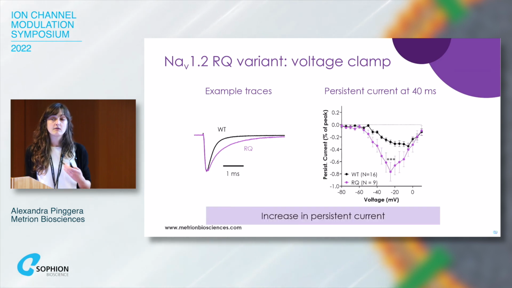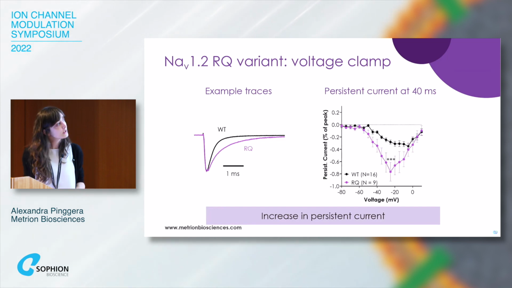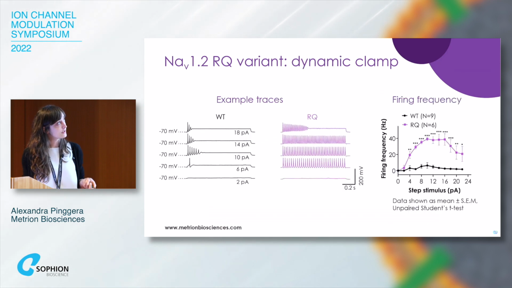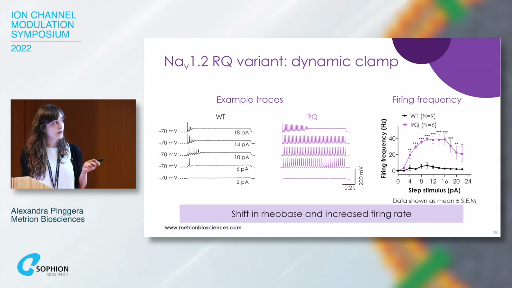So this variant now shows very clear-cut features of a gain-of-function mutation, and we then applied our dynamic clamp approach to this variant. As you can see, both from the representative traces here and the input-output graph, this variant dramatically increases the firing rate and also shifts the rheobase.